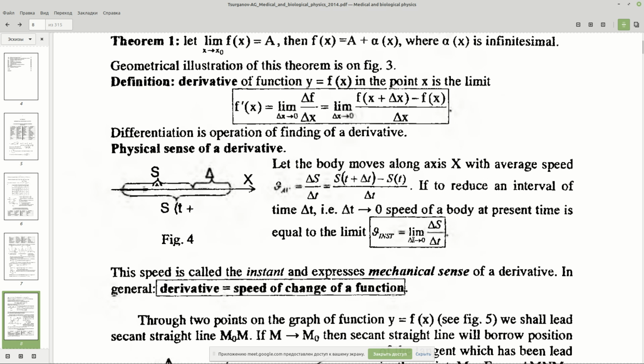This speed is called the instantaneous speed and expresses the mechanical sense of a derivative.